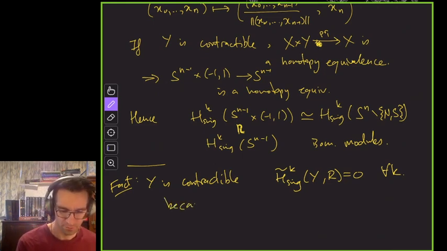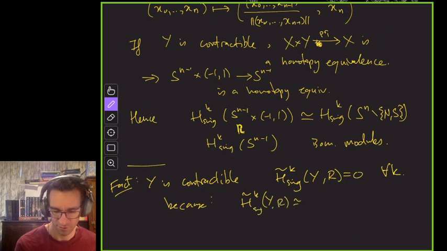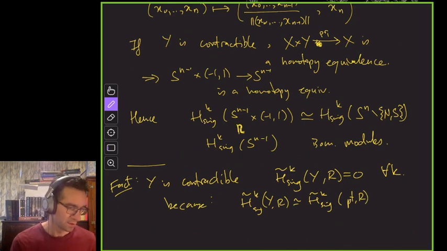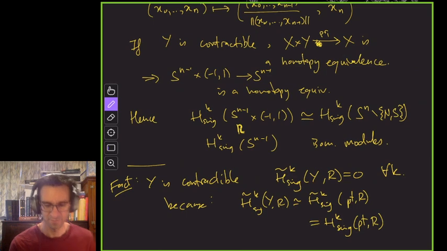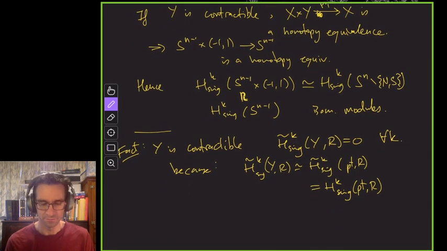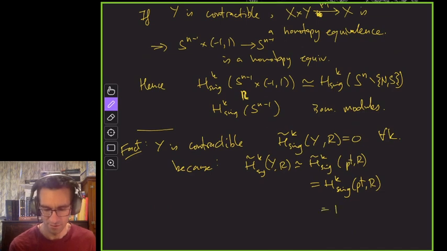It's because this is isomorphic to the reduced cohomology of a point, and this is the same thing as the ordinary singular cohomology of a point, not reduced. They're only different in dimension 0. This is like H^k of P infinity, which equals 0 for all k not equal to 0.